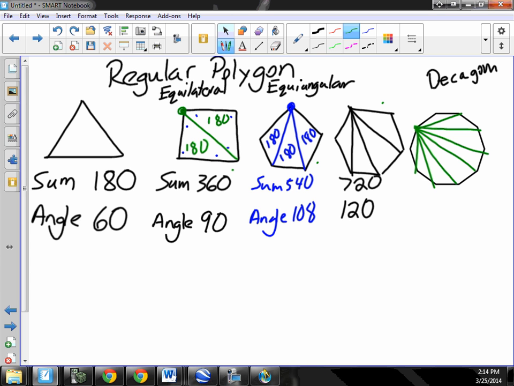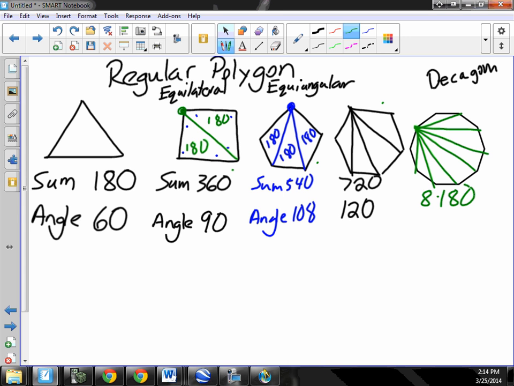Which makes sense, because you create a triangle with every vertex except the 2 consecutive vertices. So this is going to be 10 times 180, which is 1080. No, 8, sorry. So it's going to be 8 times 180.